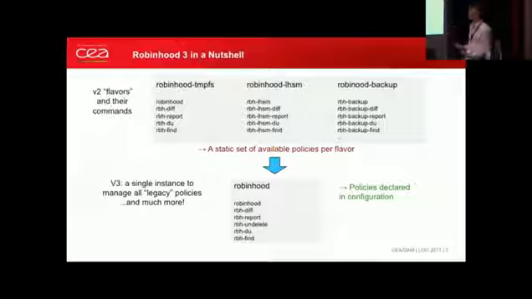Everything has been unified with the version 3 rewrite. So Robinhood is the core daemon, and you have other tools like RBH report, which is able to give you tons of information about what's going on the file system, how are users using Lustre, or clones of standard Unix tools such as DU or find that hit the database instead of hitting the file system.